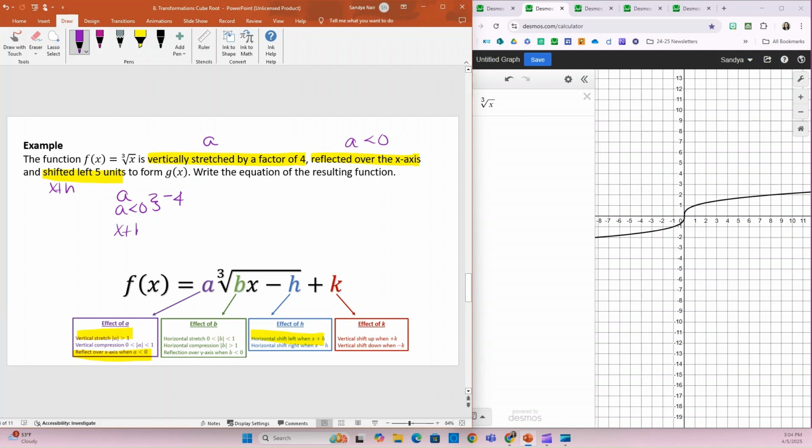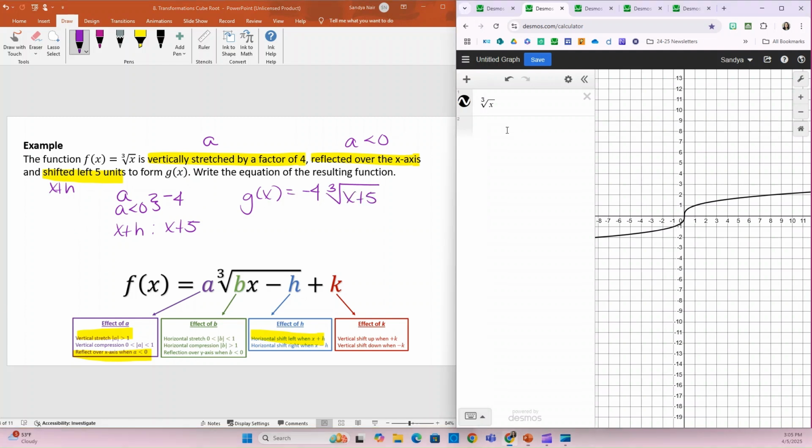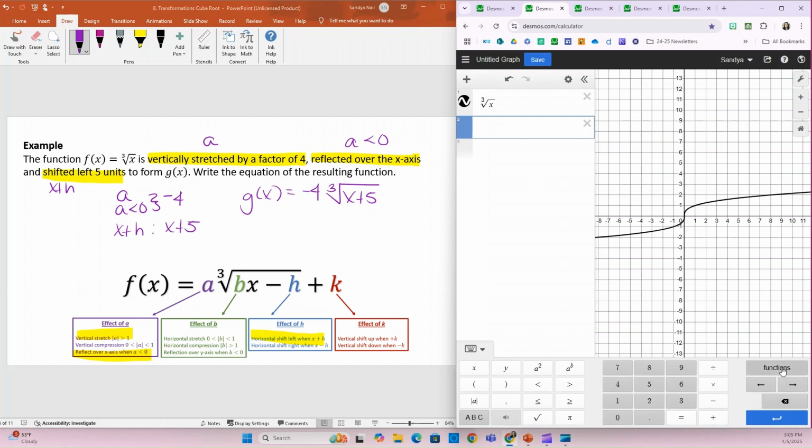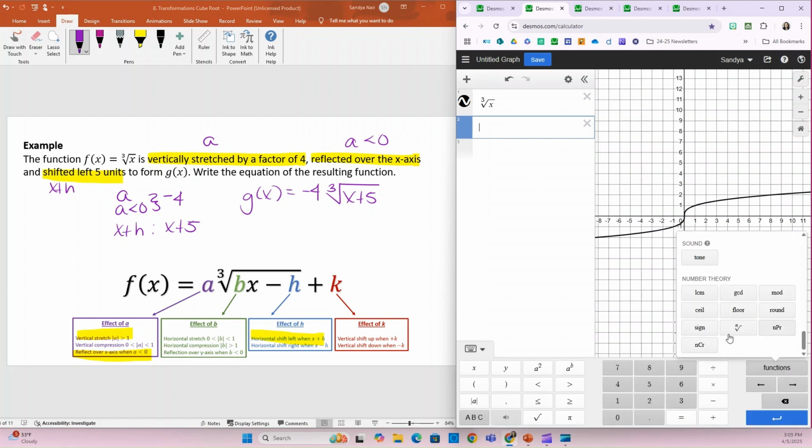X plus h means that it's going to be x plus 5 because it goes to the left 5 units. So if we write the transformed function, we have g of x equals negative 4 times the cube root of (x plus 5). Okay, so let's go ahead and graph this now in Desmos along with the parent so we can see the transformations are correct.